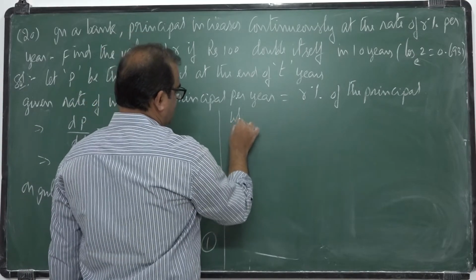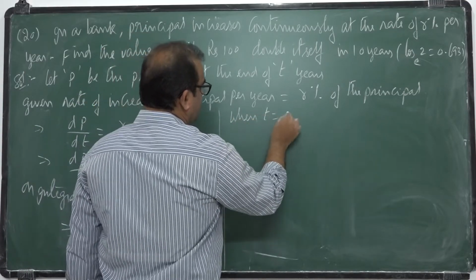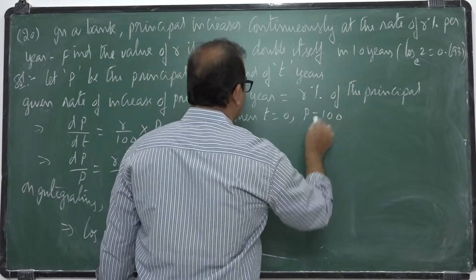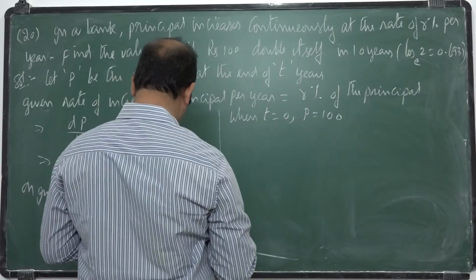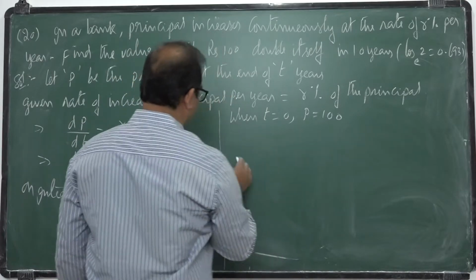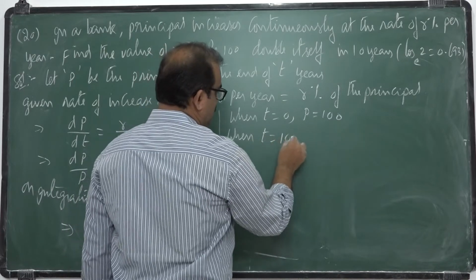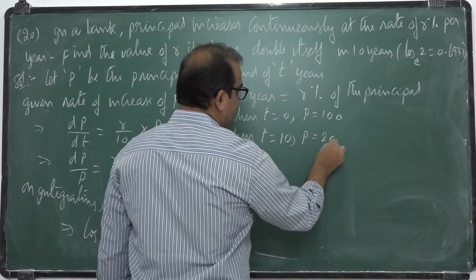Initially, that means when T is equal to 0, principal amount is 100. Next, after 10 years, when T is equal to 10, principal amount is double.